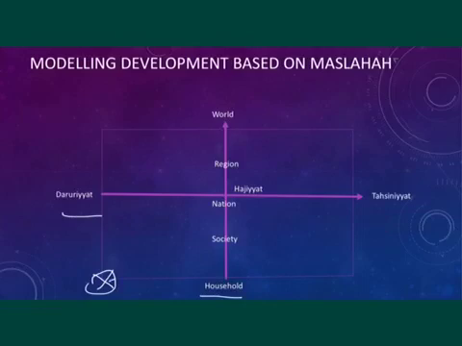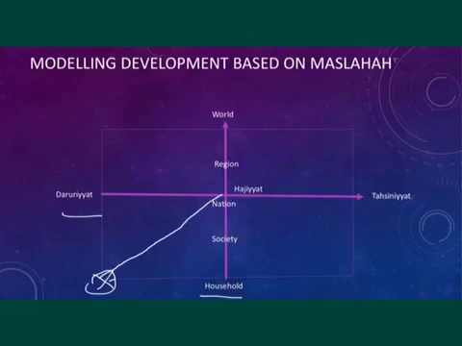Alternatively, there are other possibilities where individuals together in the society can choose this path, where development progress starts from daruriyat at an individual or household level, moving to improve at the societal level and then national level.